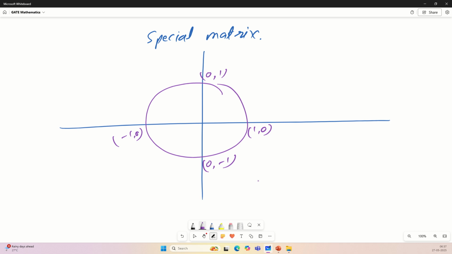Now you know already that this is my real axis and this is my imaginary axis. Okay, or I can write it down fully. Got it? So I am going to talk about the eigenvalues of different matrices.